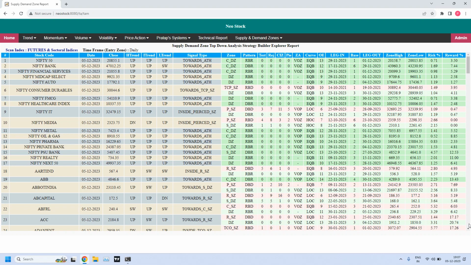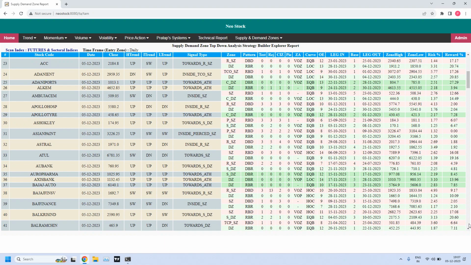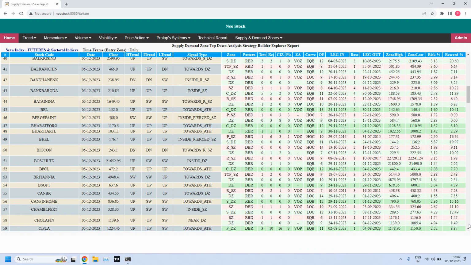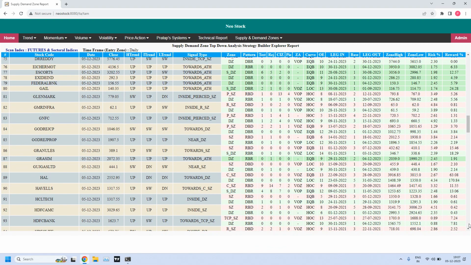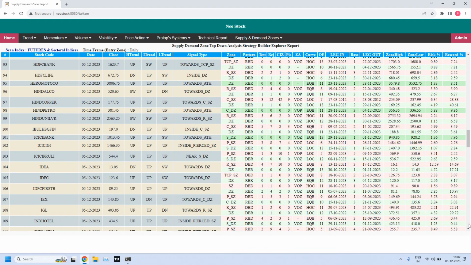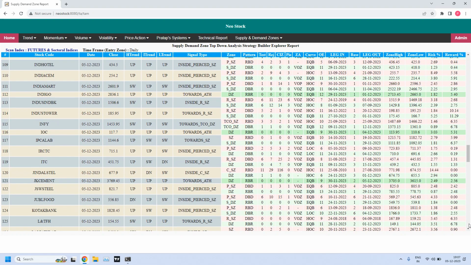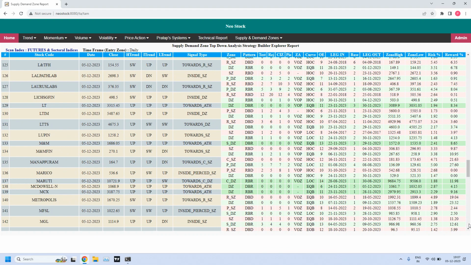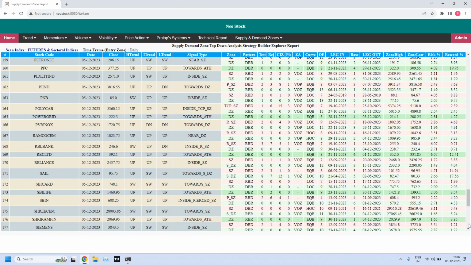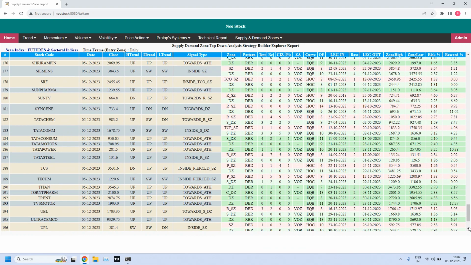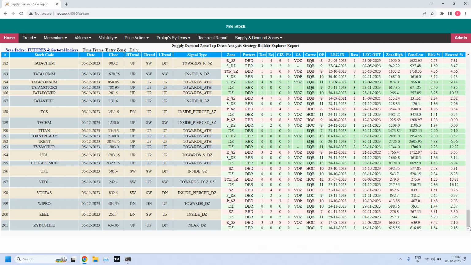Whichever stock you want to refer to, please pause the video and then you can study. So this is the complete list of the stocks for your reference purpose.